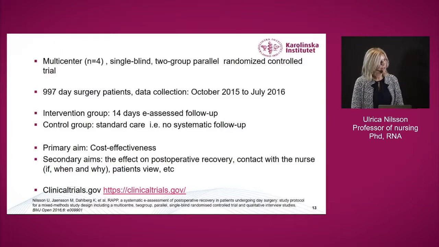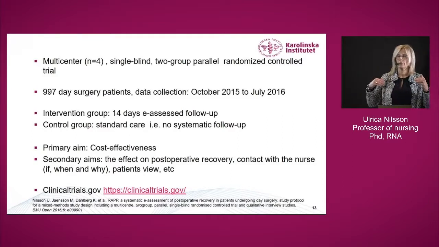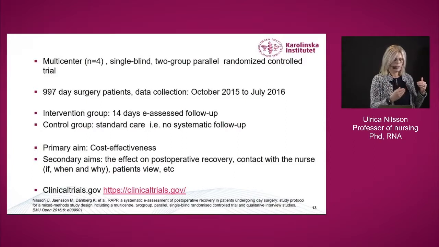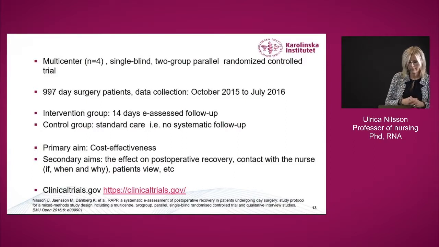The primary endpoint: it's always important to have a primary endpoint when you are doing a randomized control trial. The primary endpoint is used to calculate the sample size. So the primary endpoint in this study was cost effectiveness. We have a lot of secondary endpoints.